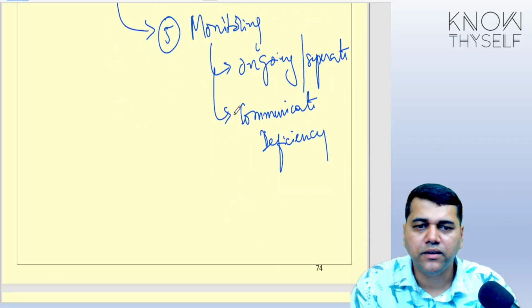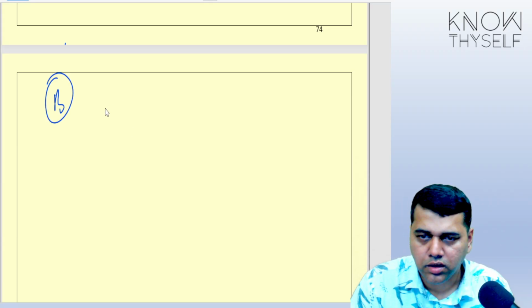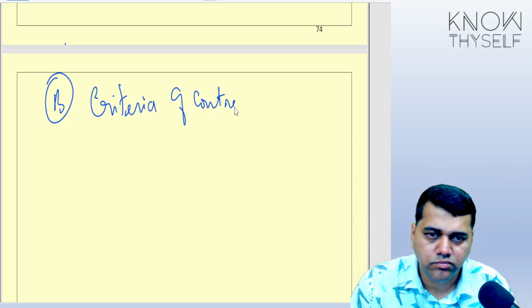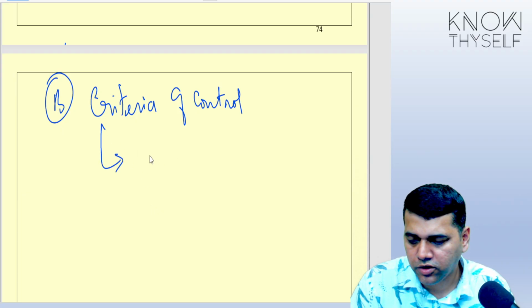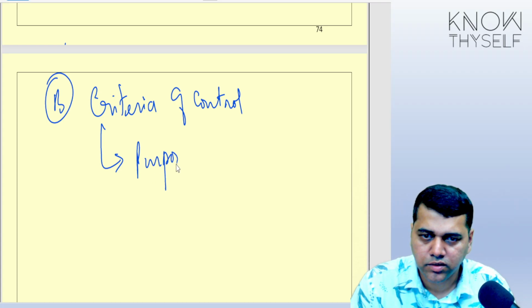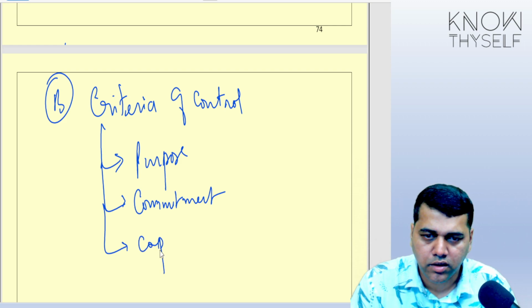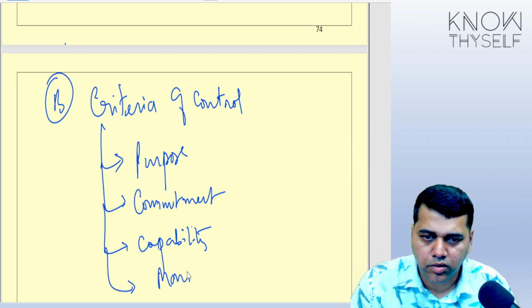Second, or B, criteria of control. It is for purpose, commitment, capability, monitoring.